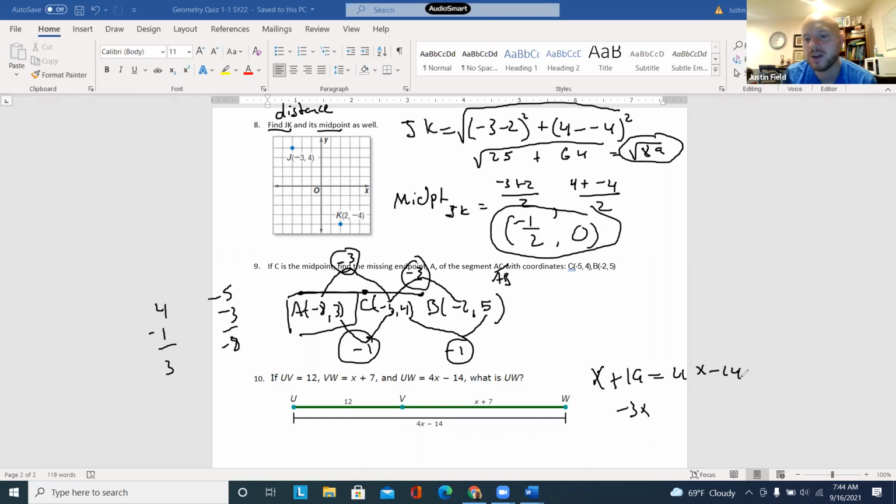And our numbers on the right, 33. Divide, and you get 11. But then it's asking for UW, which is right here. So 4 times 11 minus 14 is 44, minus 14 is 30.